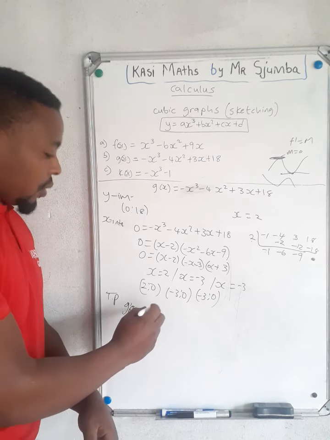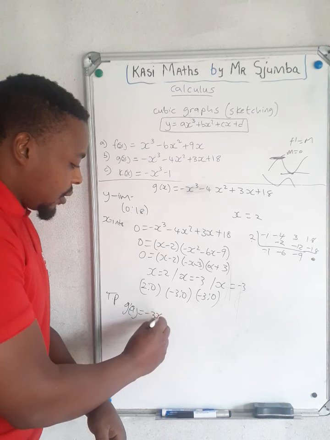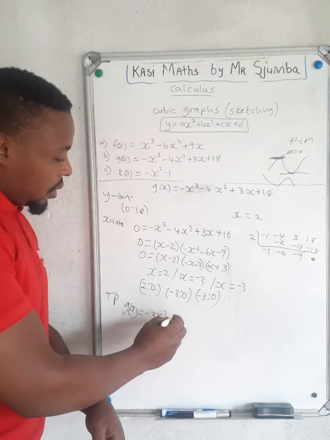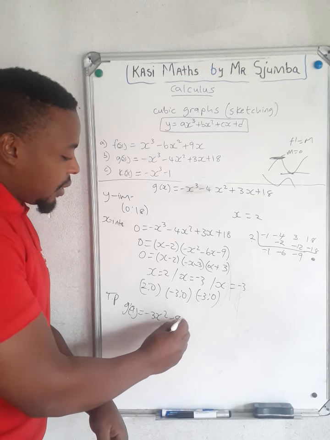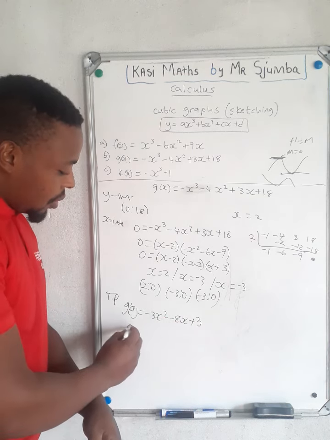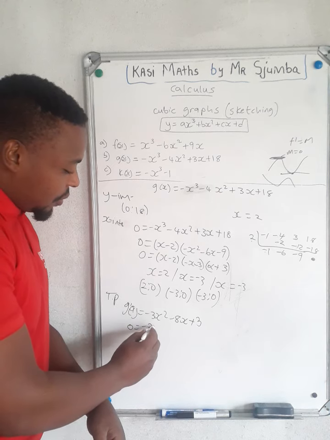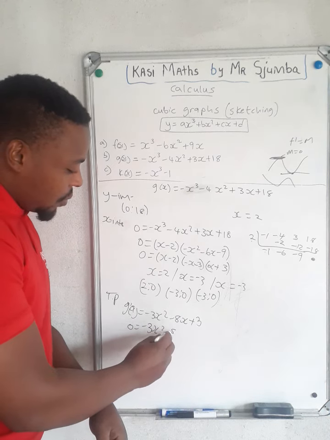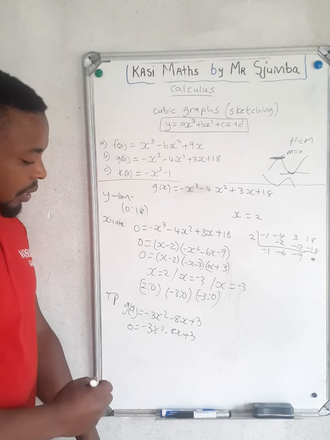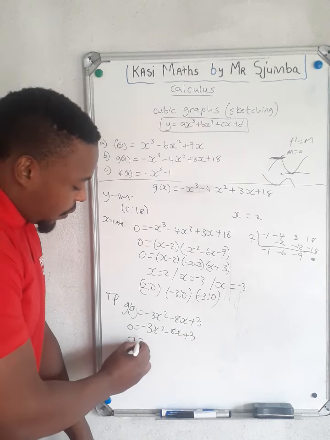G prime will equal 1 minus 3x squared minus 8x plus 3. Then we make the derivative equal to 0, minus 3x squared minus 8x plus 3. Then we have to factorize.